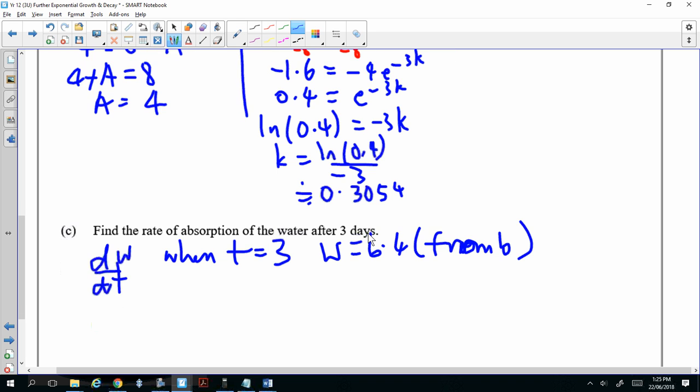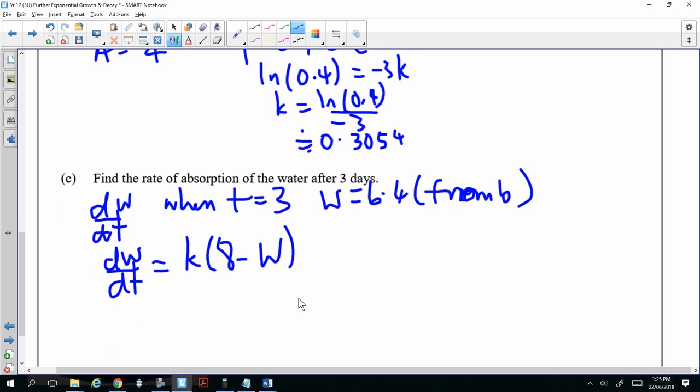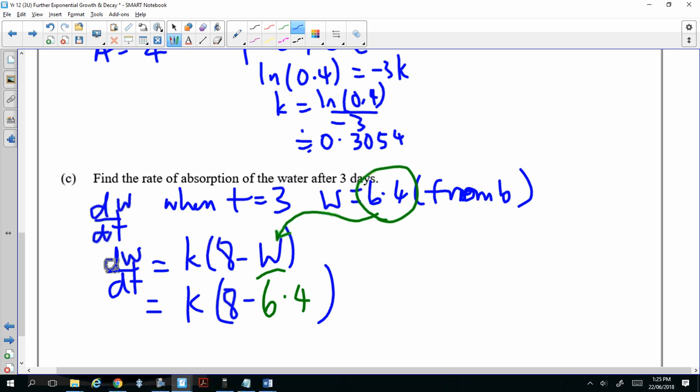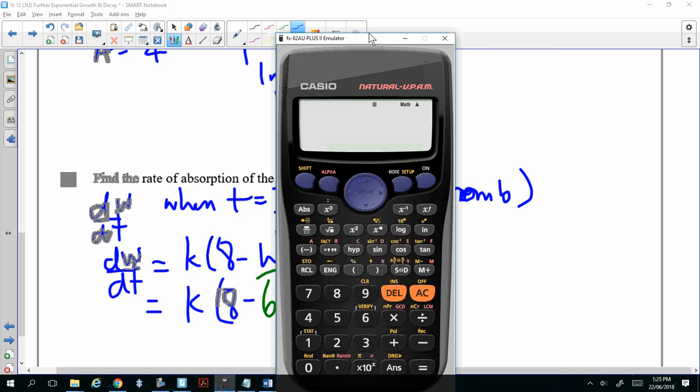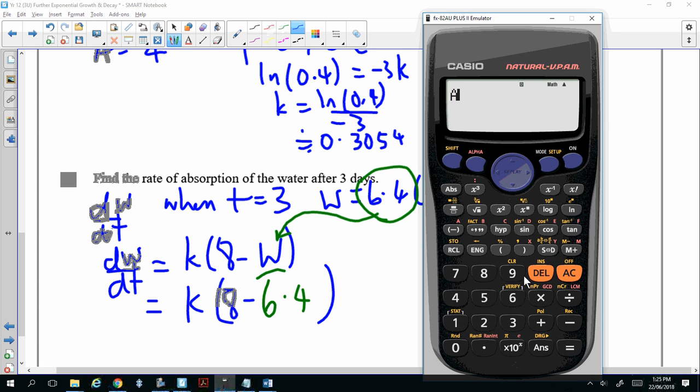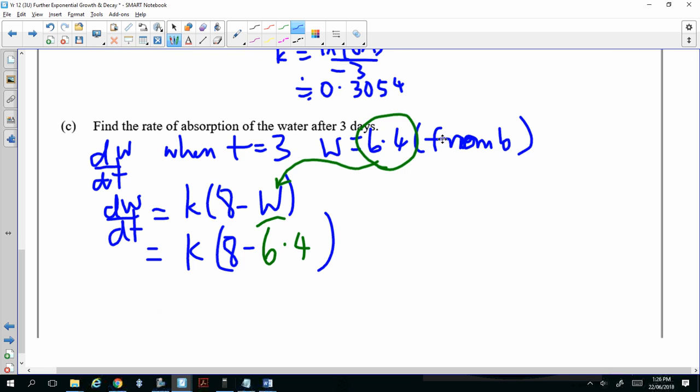So you just substitute 6.4 in here: k, which is already stored on a calculator, so the alpha A, times by 8 minus 6.4. That gives 0.4886. So maybe round to 2 decimal places, so 0.49 kilogram, because the water content is measured in kilograms, per day. That's the rate of absorption.